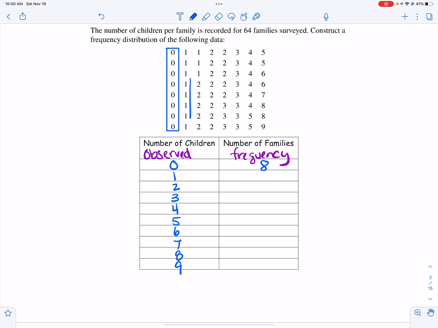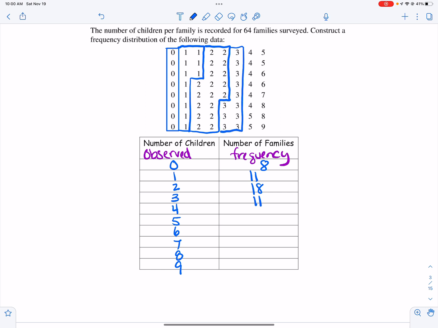So then we've got 8, 9, 10, and 11. So we've got 11 families that have 1. And then we've got the 2s go all the way up here. And if I count those 2s, it looks like I have 18. And then we've got our 3s, 8, 9, 10.